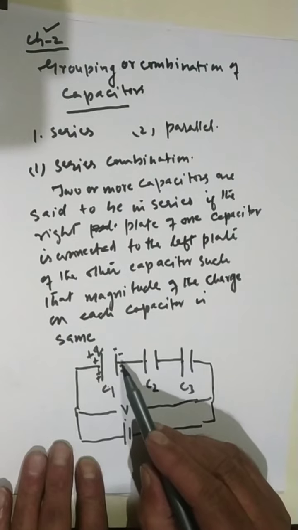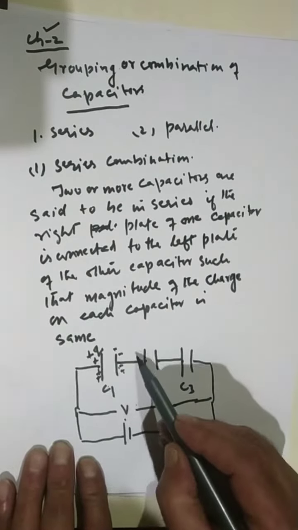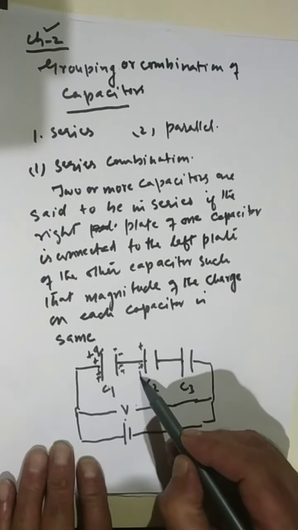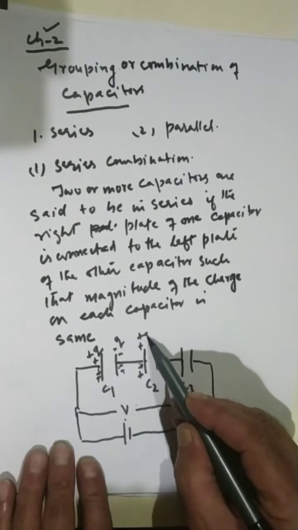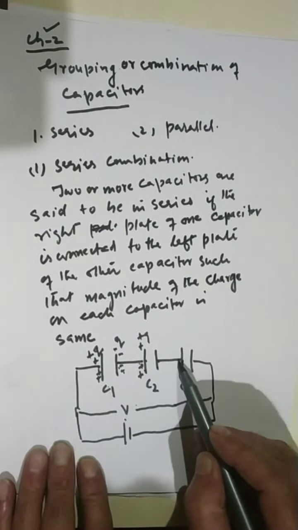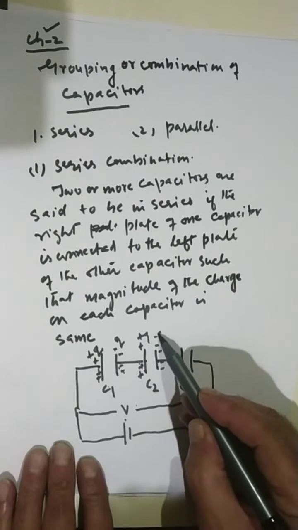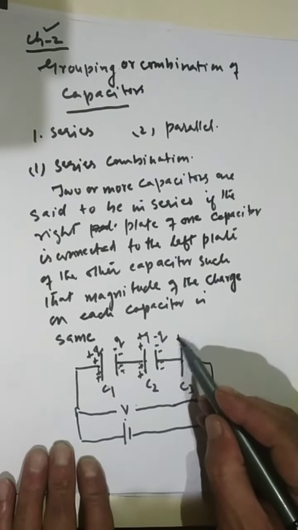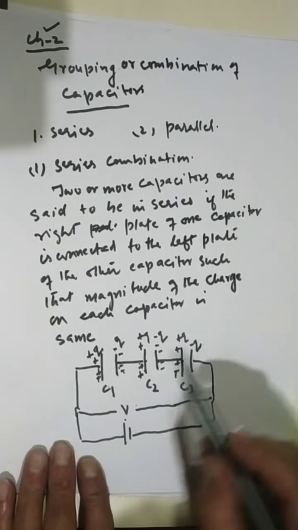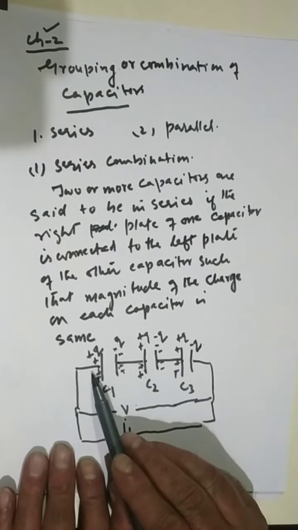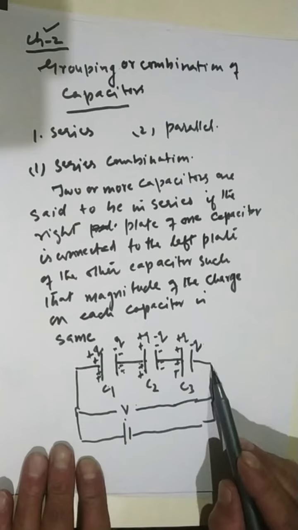Now this is negative, because negative has been pulled here, नेगेटिव को यहाँ खींचा गया, तो यहाँ पर पॉजिटिव रहेगा चार्ज. तो ये भी माइनस क्यों होगा, ये प्लस क्यों होगा? Because of this positive, negative will be attracted towards this. It will have same negative charge. Similarly, this will have positive charge, and this will have negative charge. So charge on all the three capacitors is same.